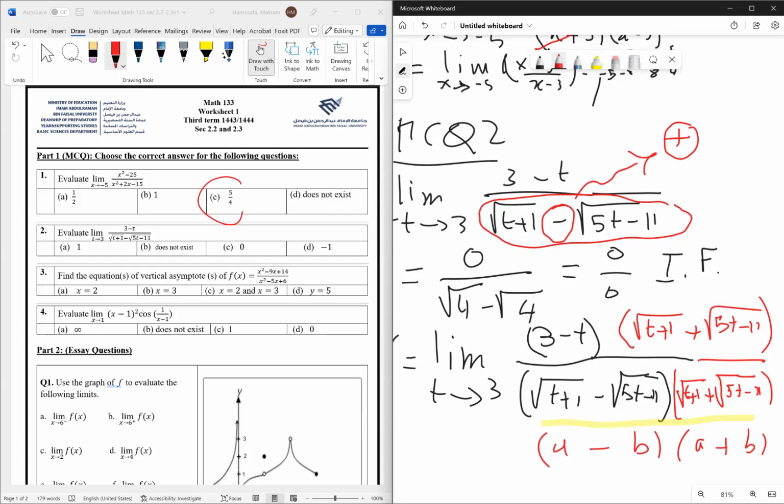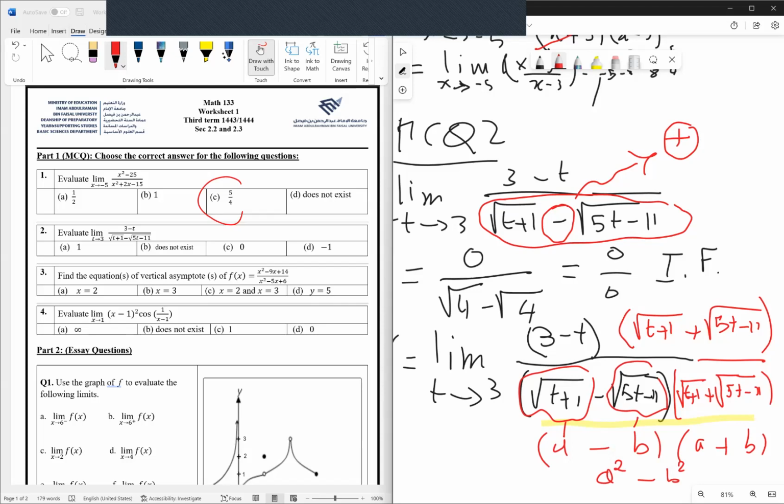Your a here is this quantity, and your b is this quantity. Okay, so automatically we have the formula here. This is equal to a squared minus b squared. So no need to do the computation. When you use the conjugate, directly put the result. No need to expand. Okay. Now, this is for the denominator.